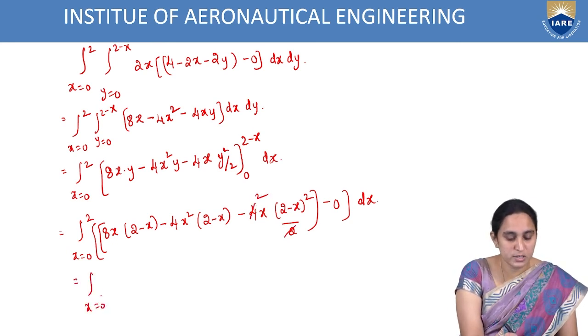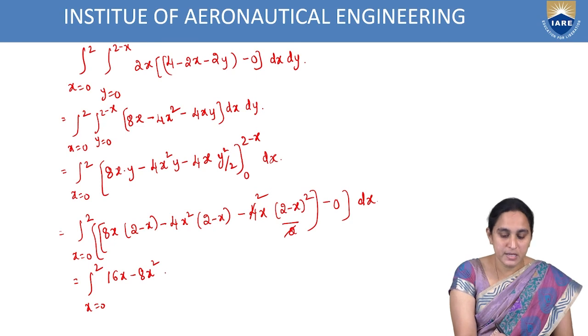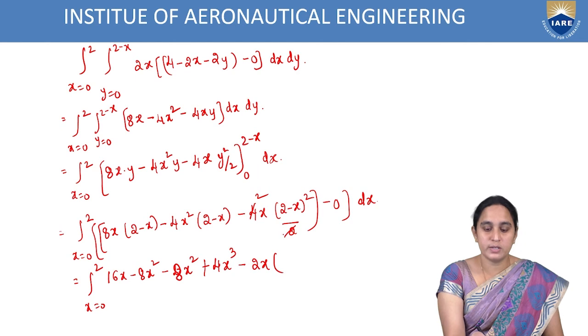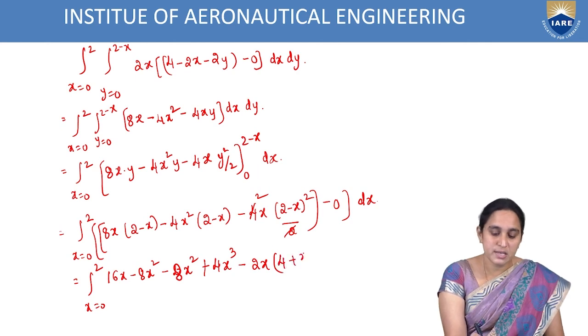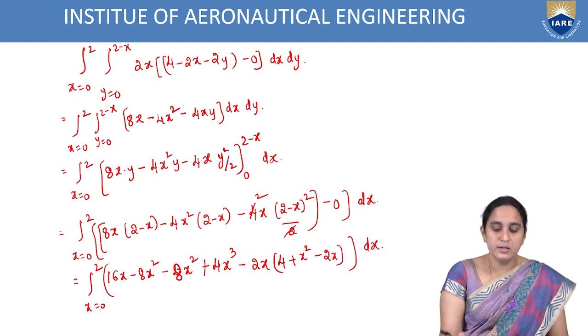x is from 0 to 2, 16x minus 8x square, minus 4 into 4x square into 2x, that is 8x square, minus into minus plus 4x cube, minus 2x into, what is the expansion of 2 minus x whole square? That is 4 plus x square minus 4x, dx.